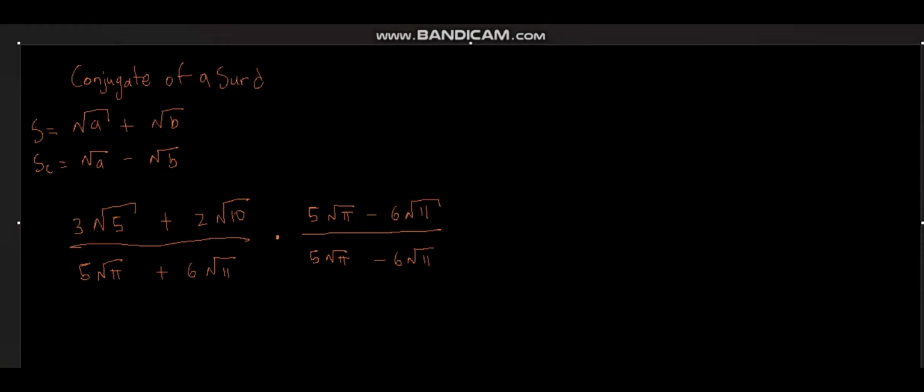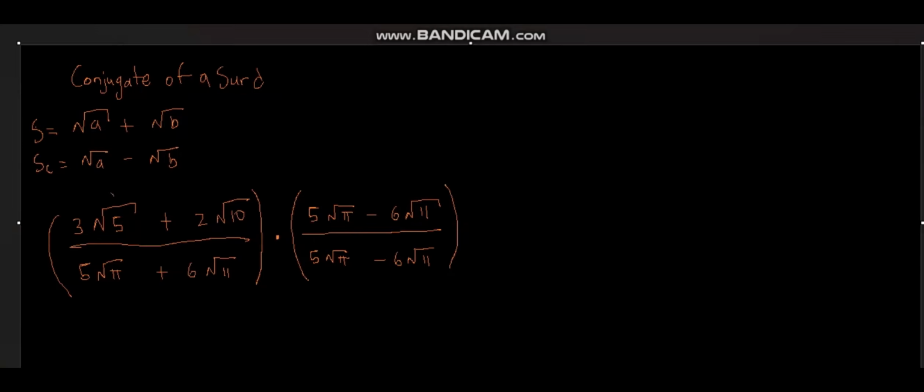So notice multiplying this expression by the next expression over here is still mathematically the same as multiplying by 1, because the numerator is the same, the denominator is the same. So let's expand.